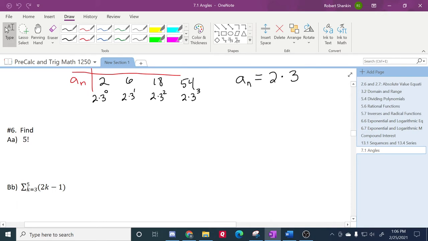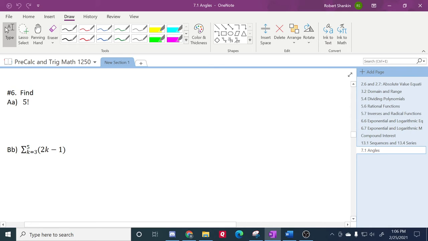Let's go to number 6, 2 parts. Do each of those. Find, that's called factorial, 5 factorial. And I think there was a homework problem. You had to read about that in the section.